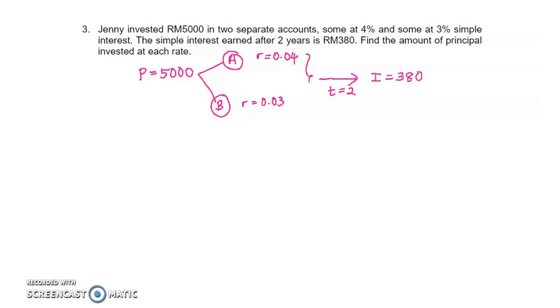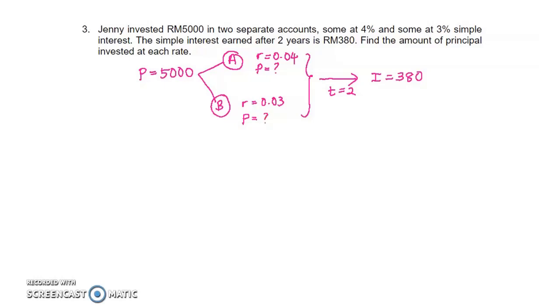Find the amount of principal invested at each rate. That means at account A, what is the amount that she put? And account B also, what is the amount or value P that she put?